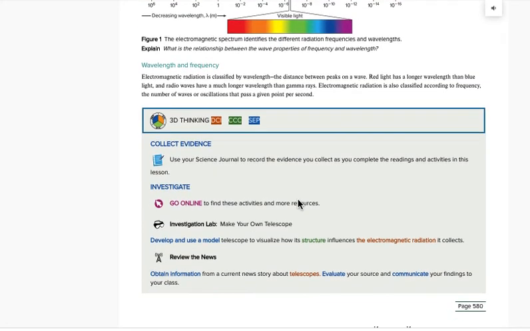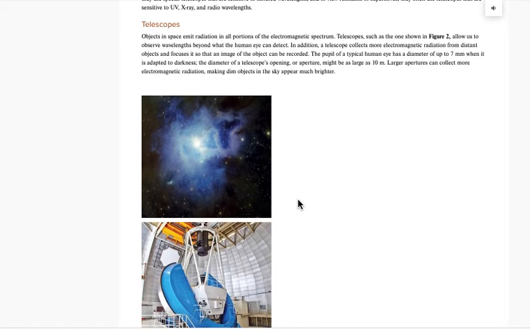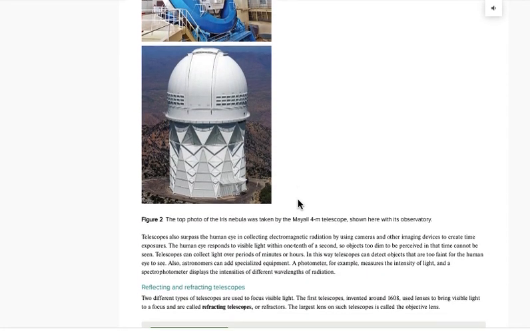So to pick up this light, the most common tool that astronomers use is telescopes. Telescopes allow us to observe wavelengths beyond what the human eye can detect, and they allow us to collect electromagnetic radiation from faraway objects that we can't see, but this can be recorded for us to look at and to study.